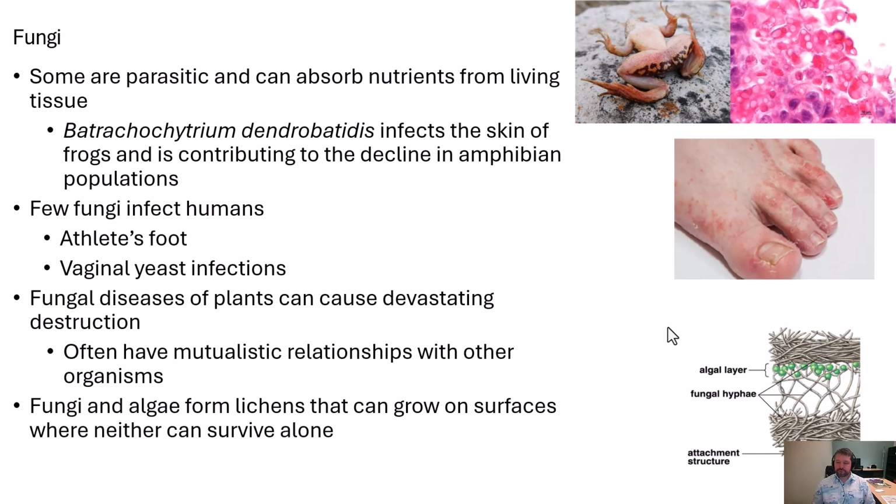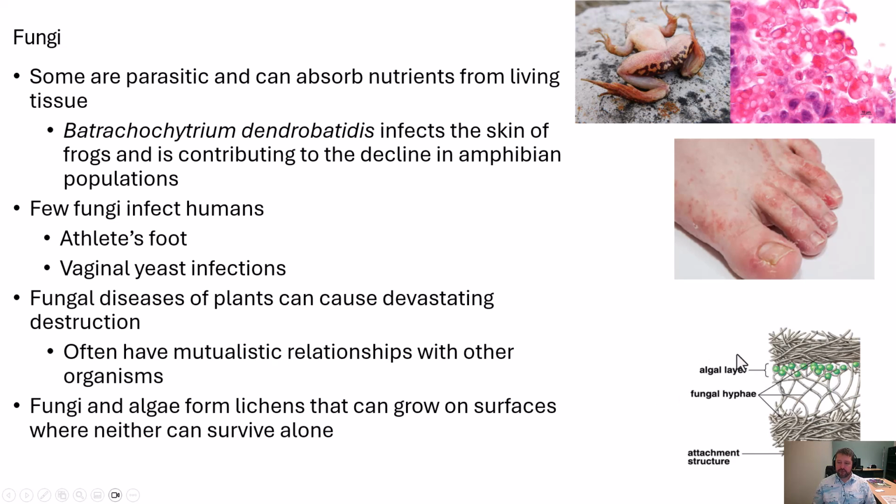And so they'll break off as a unit and either be washed away with water, or some float away in the wind. And because it's both the algal and the fungal unit together, they can start a new lichen individual in a new region. And it's really a very unique situation.